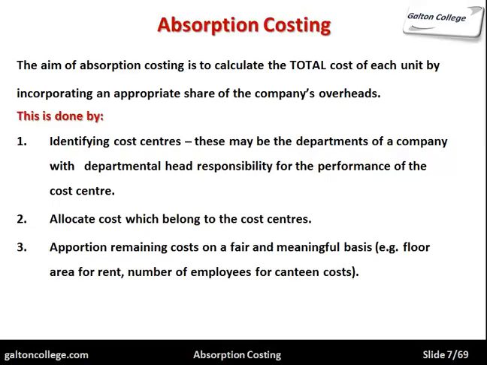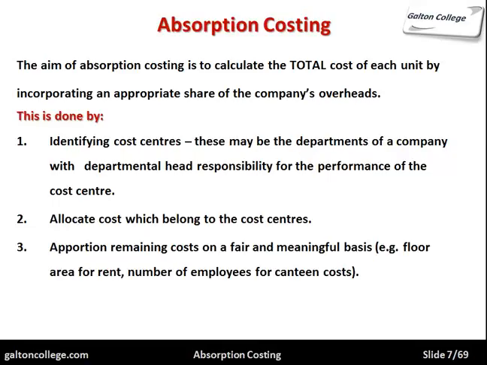It could be done, for example, on the floor area. So, for example, if the government levies a tax on the business based on the size of the floor area of the company, then the various departments who use floor area, for example, the stores, the machine shop, the offices, they all have a floor area.